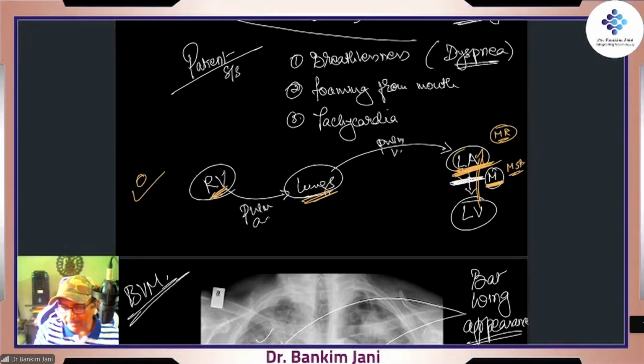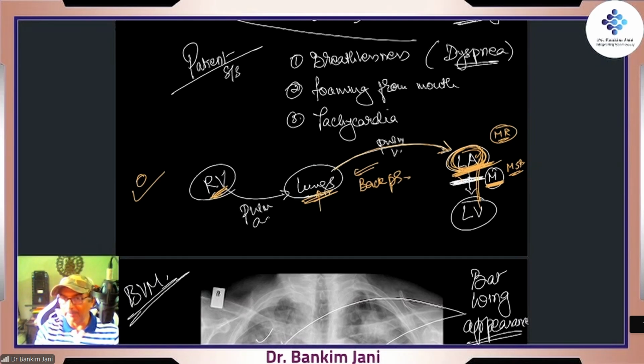So it means this left atrium is overloaded now. If it is overloaded, that means there would be increased pressure. So then how can the pulmonary veins, which are already a low pressure system, put the blood into the left atrium? They won't, right? So it will lead to back pressure.